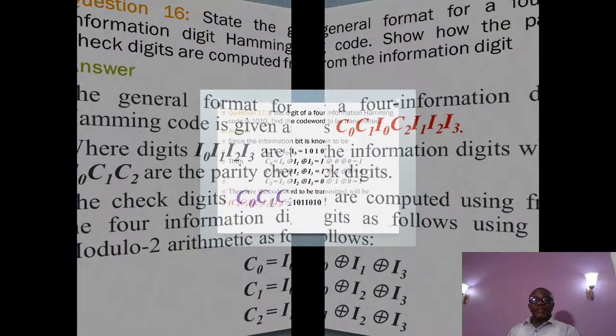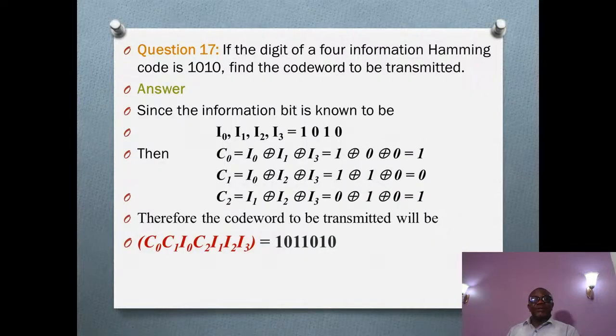So we now say from our example, if we have a 4 information Hamming code as 1010, find the code word to be transmitted. Remember, the information bit is 1010, meaning that I0 is 1, I1 is 0, I2 is 1, I3 is 0.